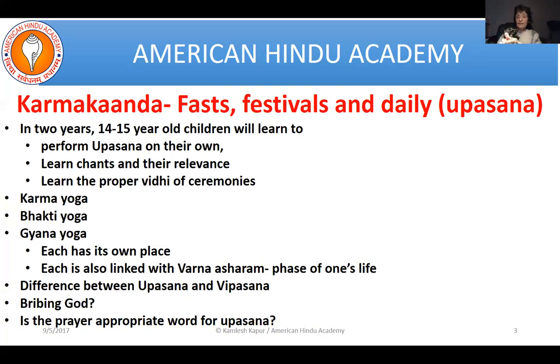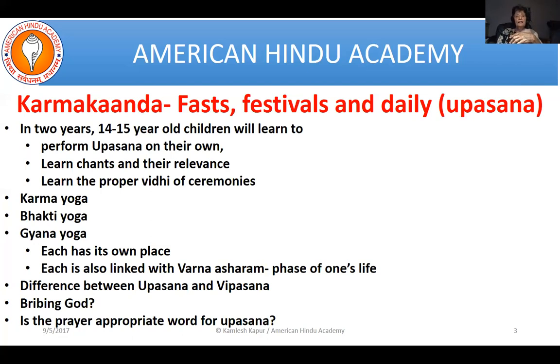What we are doing is showing our gratitude that all these things that natural bounty has given us, that bounty, in gratitude, we offer to you first. And then we eat the same thing naturally. It is blessed. Like you see, kosher food. So is prayer an appropriate word for Upasana?